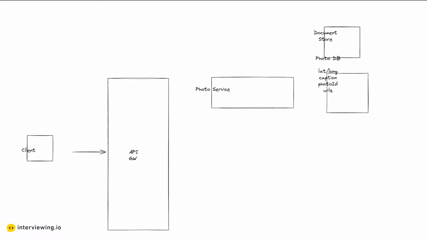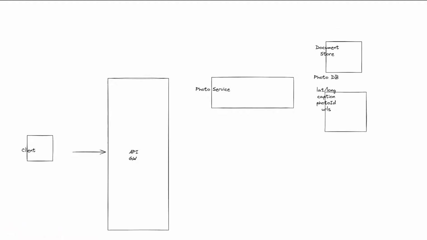Gotcha. Okay. Yeah. So in my mind, we have two separate stores for that, right? Maybe we could potentially use DynamoDB for this photo database for just handling the lat long and the URLs.